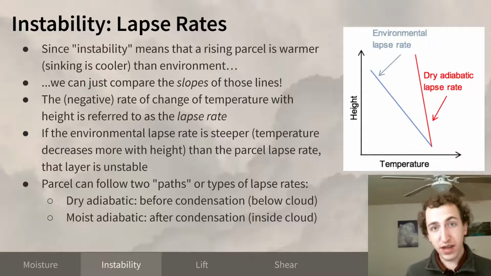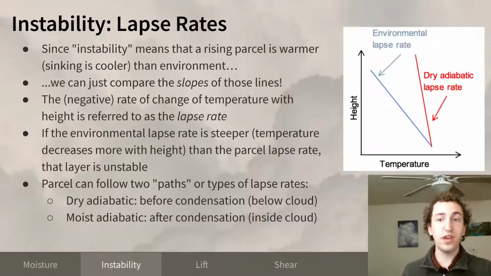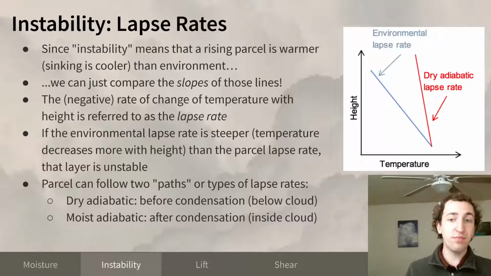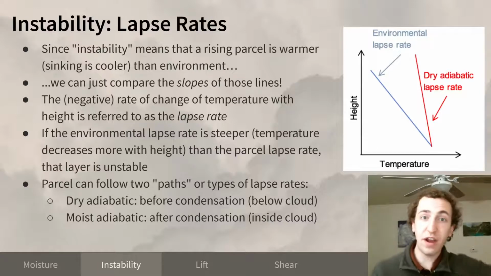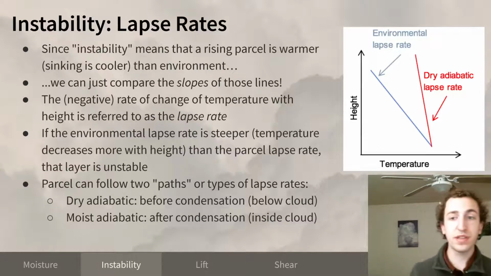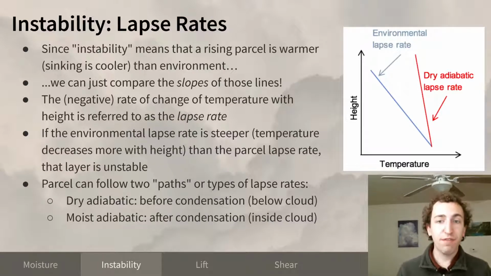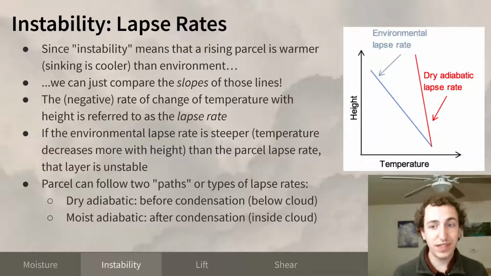And if the environmental lapse rate, the change of observed temperature, decreases more with height than what the parcel does, where you take the initial parcel of air, keep it isolated, and force it, rather than just following the existing temperature of the environment, then if the environmental lapse rate is steeper than that parcel's lapse rate, that means the layer is unstable.